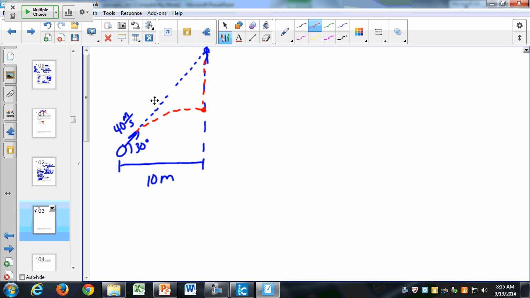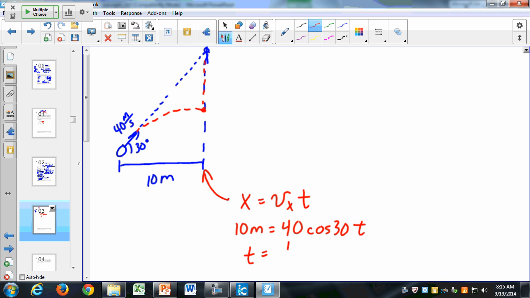All right, so first I want to find the time, and to find the time at this point, I just say that x is equal to vx times t, because I know x, that's 10 meters. I know vx, that's 40 cosine of 30, and so I can solve for t. 10 over 40 cosine 30.